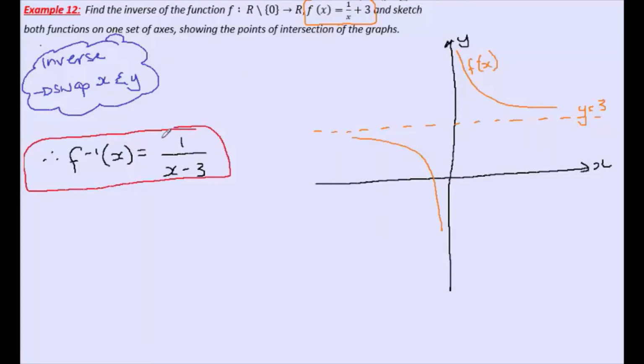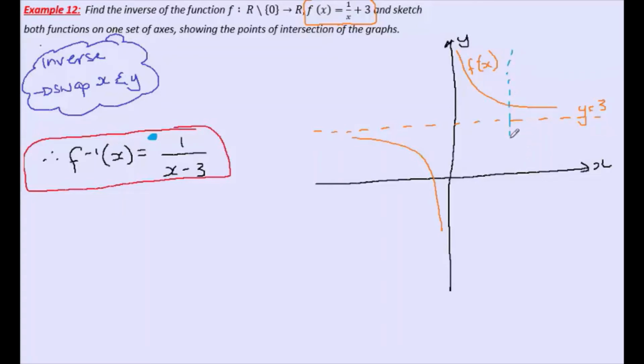The second function I'm going to do in blue, so let's put a big blue dot there so I know it's going to be in blue. And this is also a hyperbola, but it has been translated to the right 3 units. I know that because if x equals positive 3, my denominator is 0, and that's where the asymptote will be. I also know that when I have an inverse function, if I have an asymptote, say at y equals 3, my inverse will be at x equals 3, and so on.